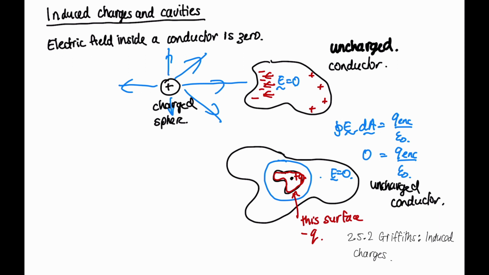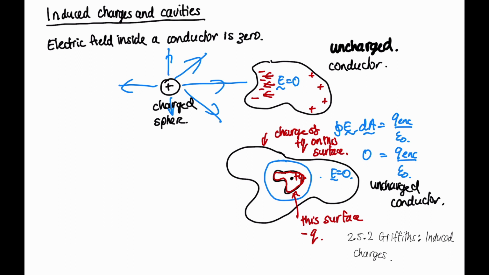So if we have a negative charge of negative Q on this surface, we must then have a charge of positive Q on this surface. So charge of plus Q on this surface.